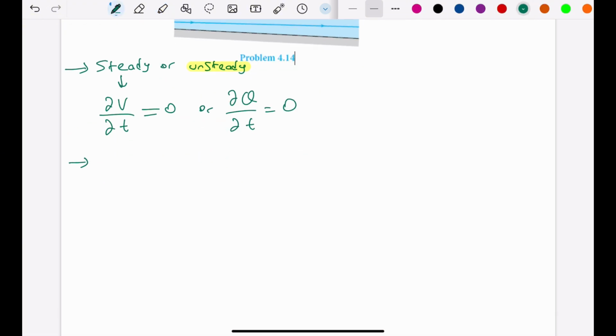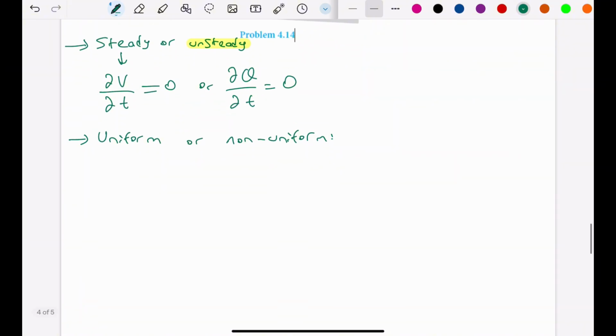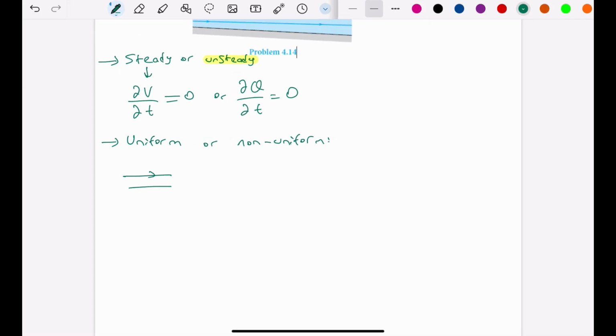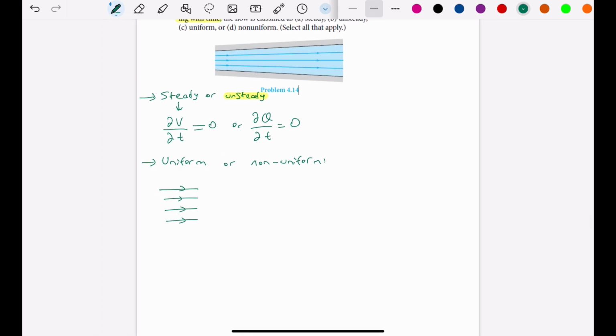And if we look at if it is uniform or non-uniform, uniform means the flow properties are constant in magnitude and direction along a streamline at each time. So if we have uniform flow, we should have streamlines which are parallel to each other. But here, as you can see, we have changing streamlines, and these are not parallel to each other.